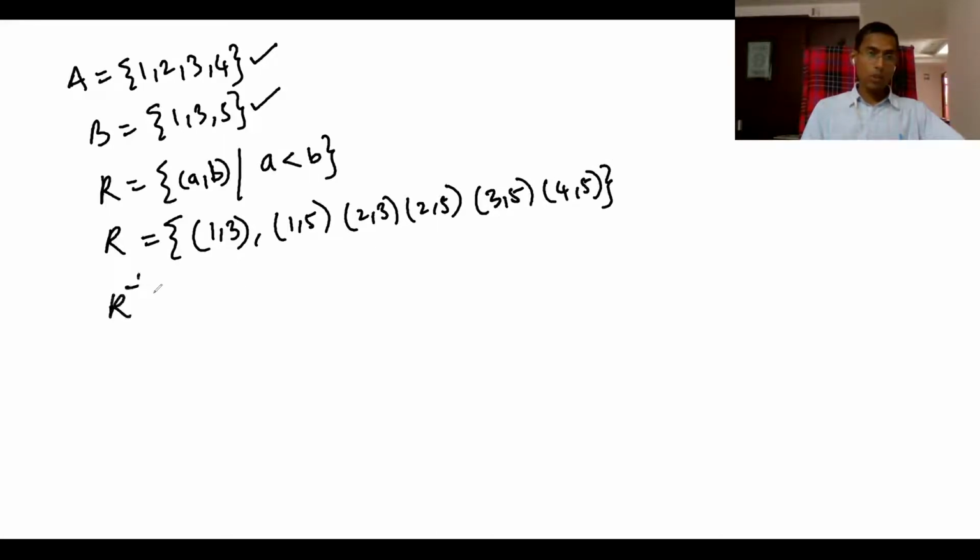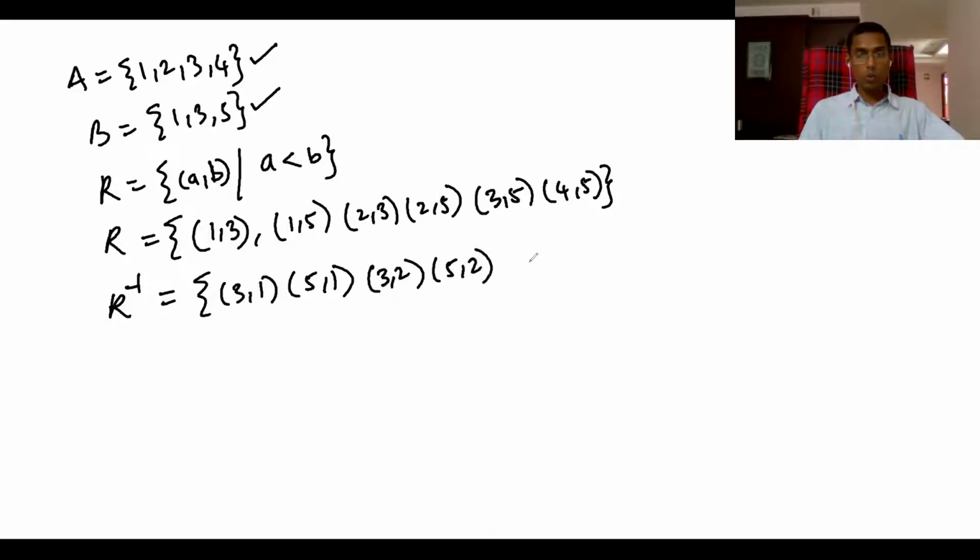R inverse is 3, 1; 5, 1; 3, 2; 5, 2; 5, 3; 5, 4. Now it is asking us to find R circle R inverse. R circle R inverse means first you should apply R inverse.